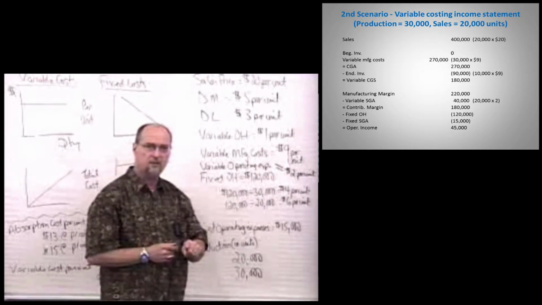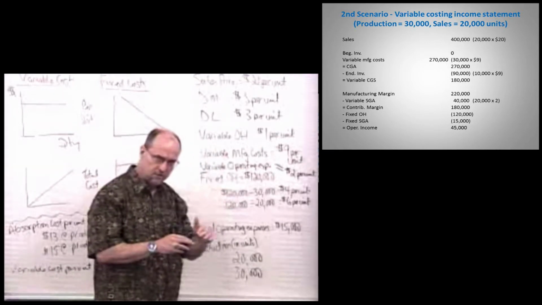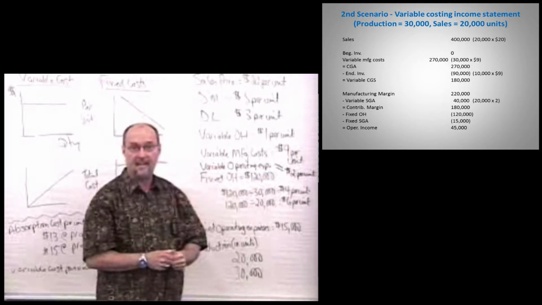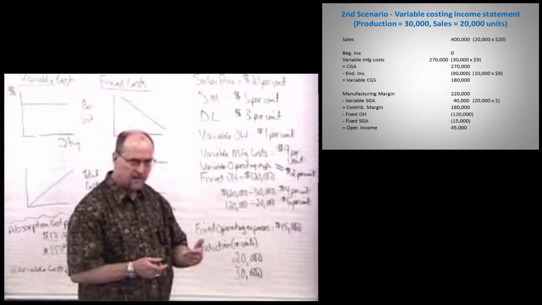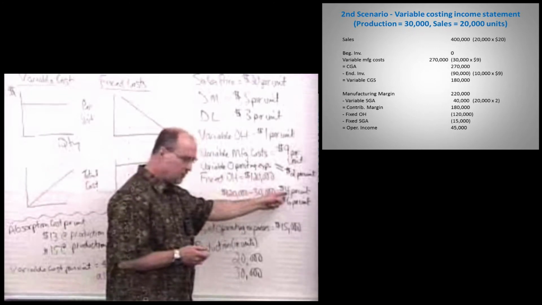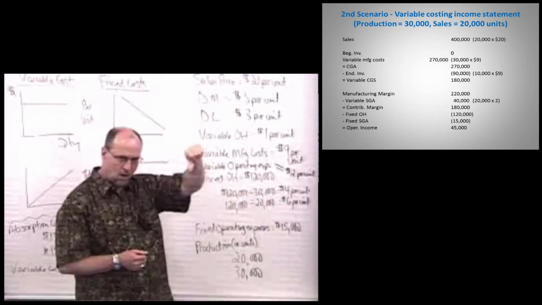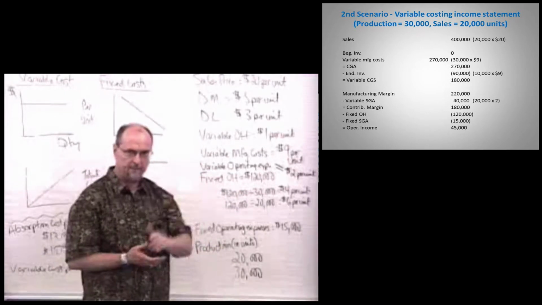If cost of goods sold is lower, then when sales minus cost of goods sold, my income will be higher. And it is under absorption costing because the fixed overhead costs is included in ending inventory. That makes ending inventory higher, cost of goods sold lower, and operating income higher.